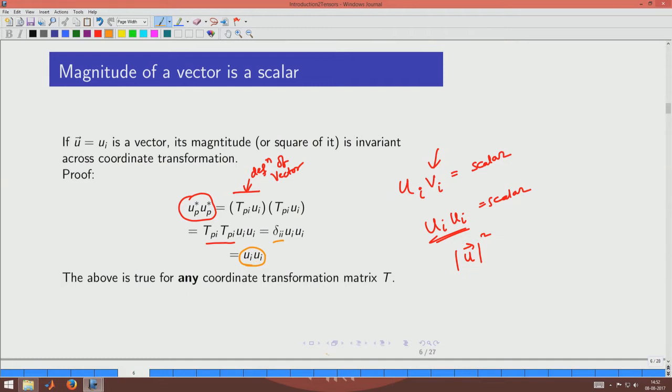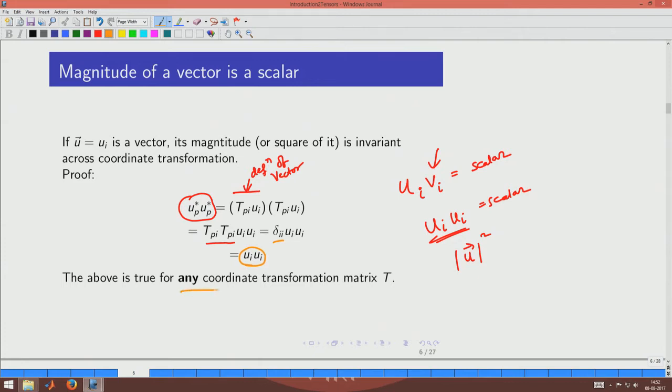There is no trace of any transformation matrix elements sticking around, which means that for any arbitrary transformation of the coordinate system, the dot product of the vector with itself, namely the magnitude of the vector, is going to be invariant across the coordinate transformation, which means that it is a scalar. Okay.